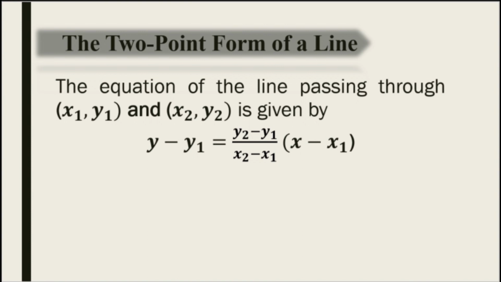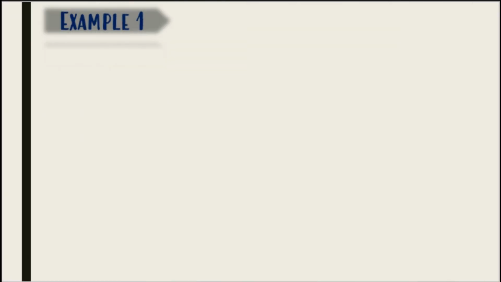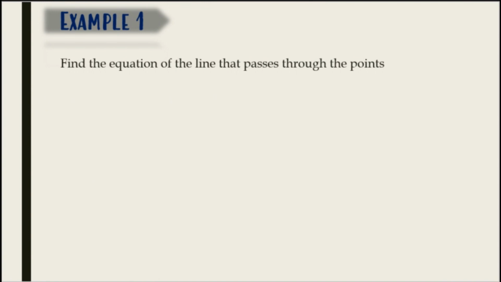For example, find the equation of the line that passes through the points (6, 2) and (3, 7). For our solution, substitute the coordinates of the points (6, 2) and (3, 7) for x sub 1, y sub 1, and x sub 2, y sub 2 respectively into the two-point form.